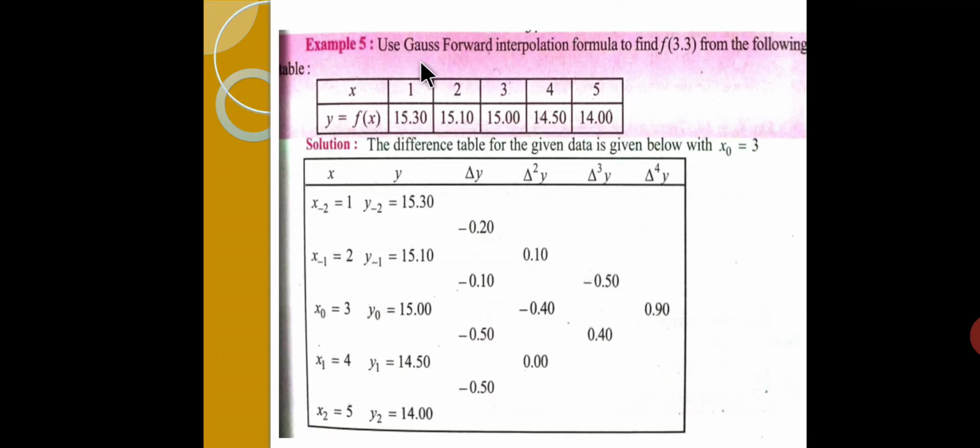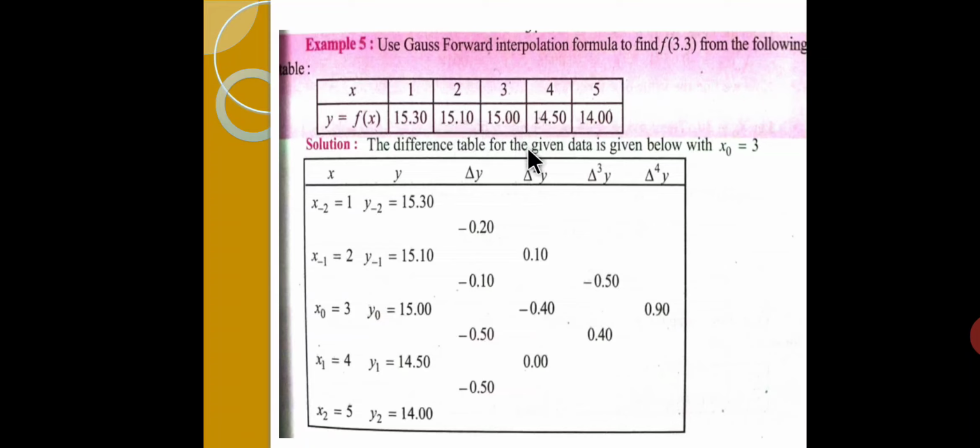So the first problem: use the Gauss forward interpolation formula to find f of 3.3 from the following table. Most of the cases mention the method we have to apply. The tabular data is x equal to 1, 2, 3, 4, 5 and y equal to f of x: 15.30, 15.10, 15, 14.50, 14.